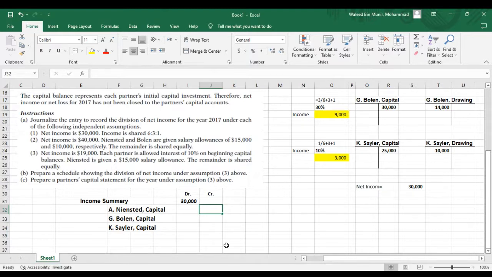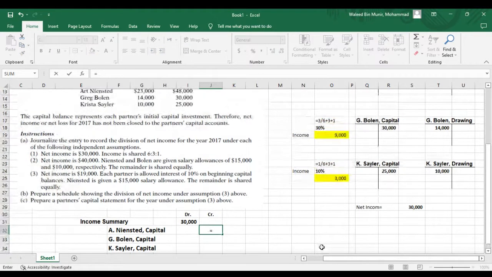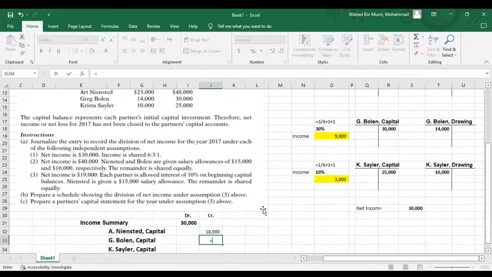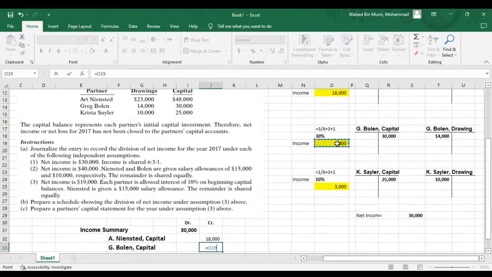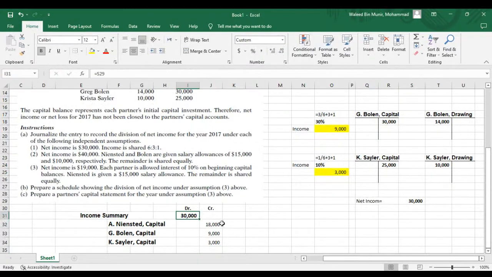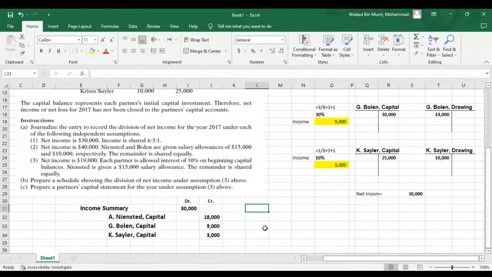Out of 30,000 he will get, we already calculated, right? Yes, 18,000, doctor. Yes. So this is basically an entry. This is what we call it. The question was generalize the entry to record this one, right?